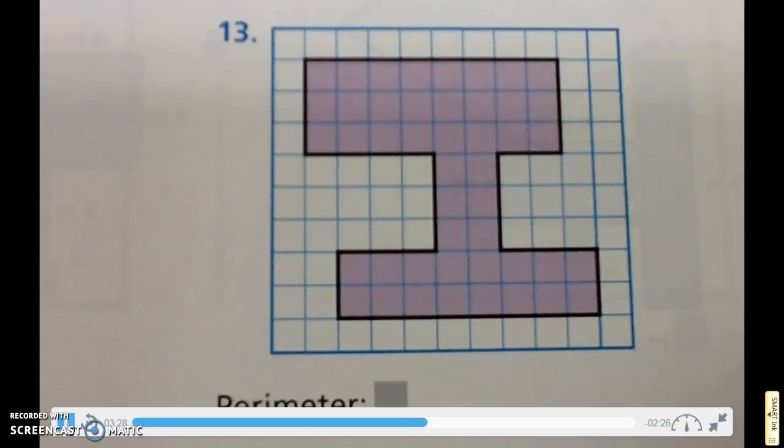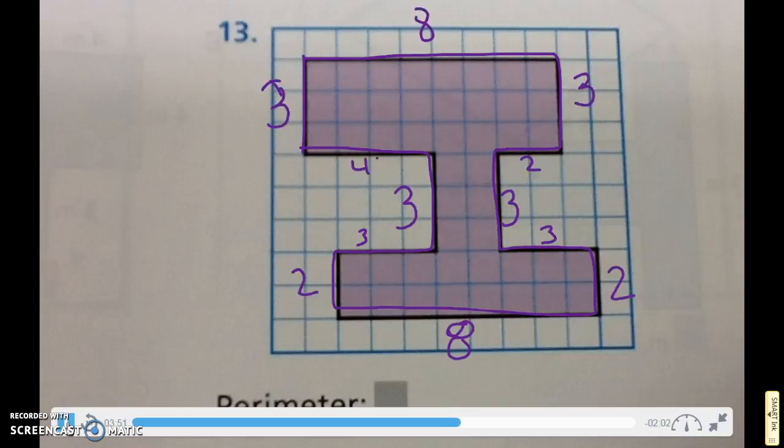Now, to find the perimeter, I have to use my knowledge that I already have. So to find the perimeter, I'm only looking around the rim of the figure. Remember, perimeter.